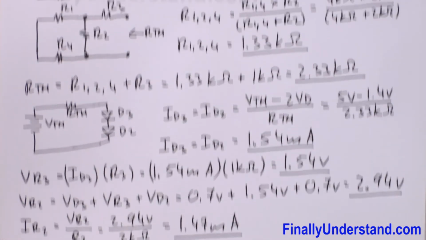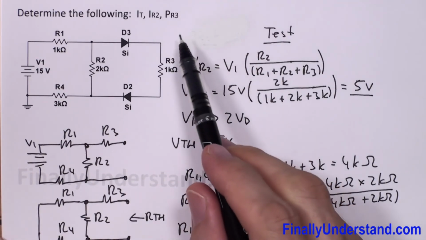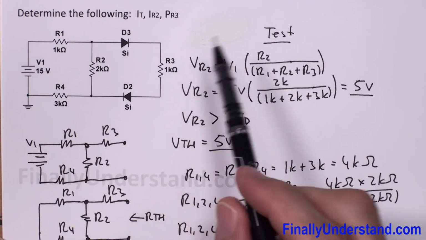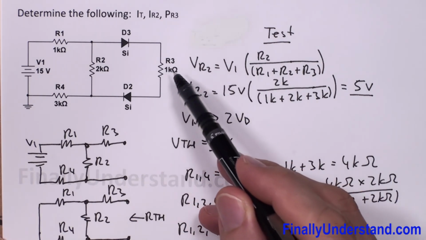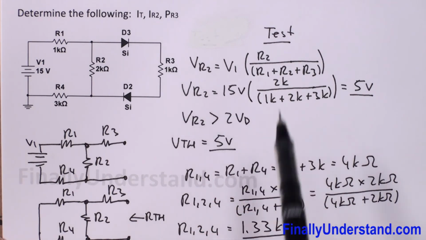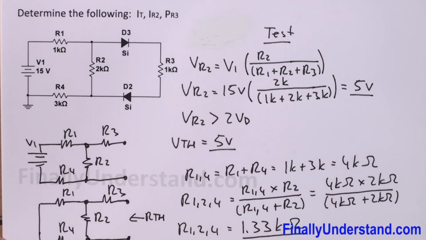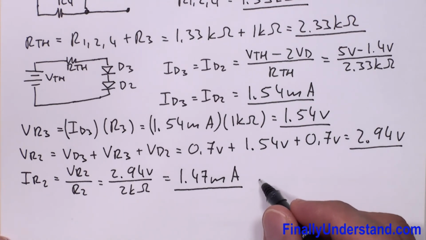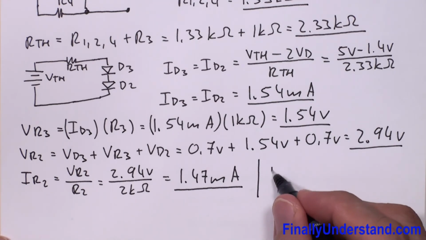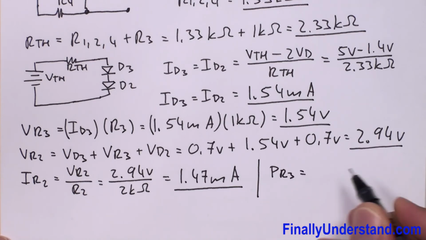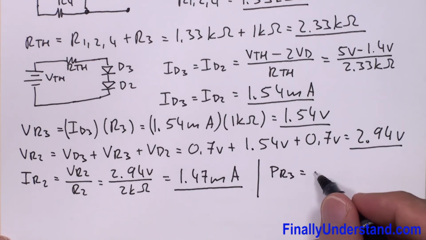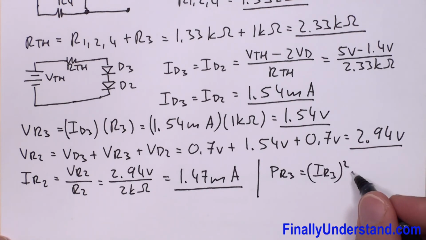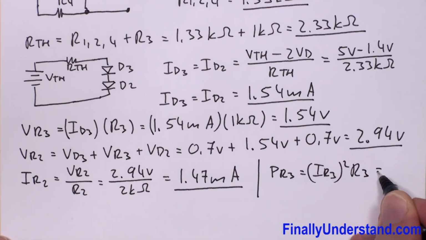The problem is also asking me to find PR3, the power at this resistor. So we found the current which will go through this resistor, and we have resistance, so we can find the power. I'm going to write this over here. So PR3 is equal IR3 squared times resistor R3.